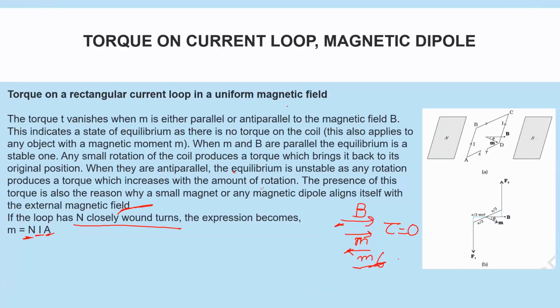There are a few more torque scenarios, and we will also cover the moving coil galvanometer, which is a device that is used to measure current.